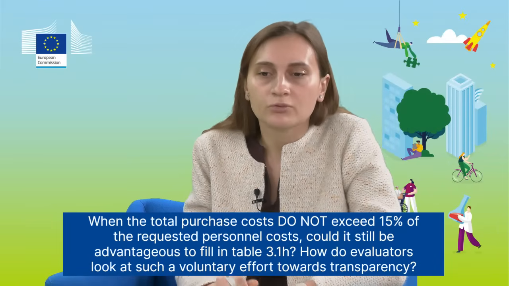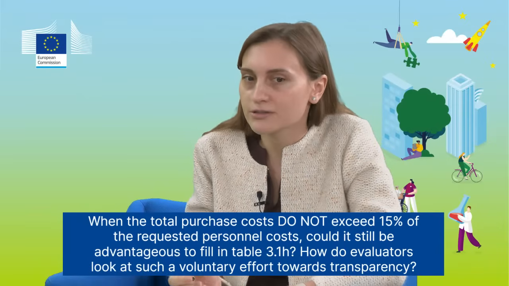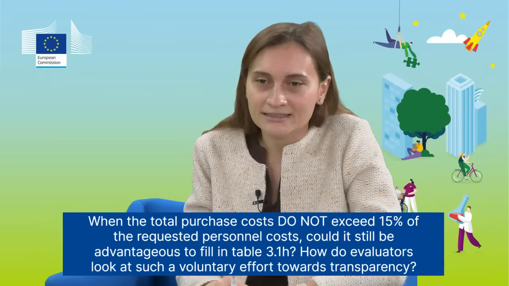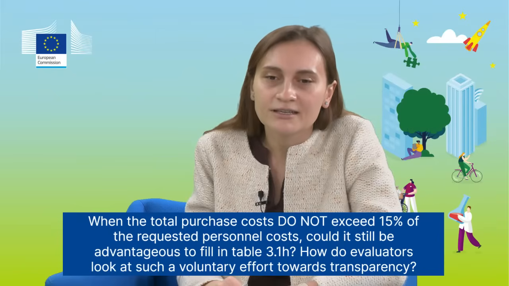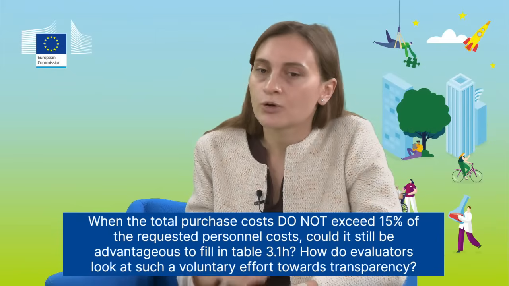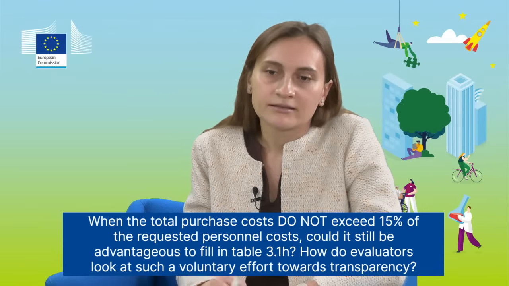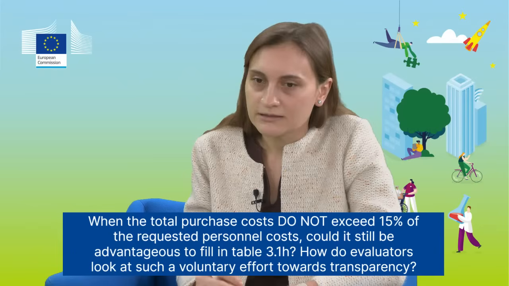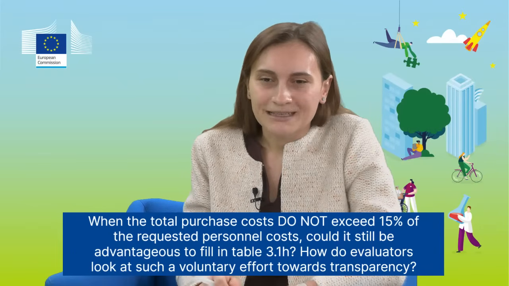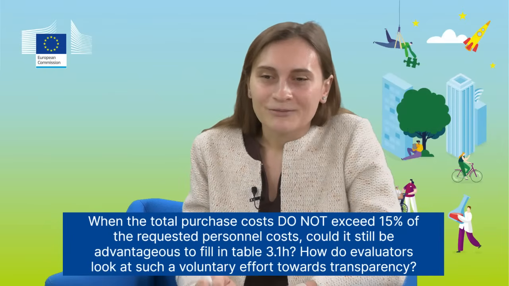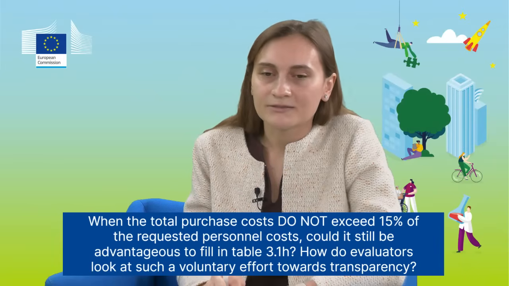Indeed, if you do want to include more information on your purchase costs, even though they don't exceed 15% of personnel costs, of course you can include this information in the table 3.1H or in the comments tab of the detailed budget table. So either in the Excel file if your topic is using this, or in the online form if your topic is using that. So indeed, the more information and justifications that you can provide, I think this is better for the assessment of the lump sum budget.